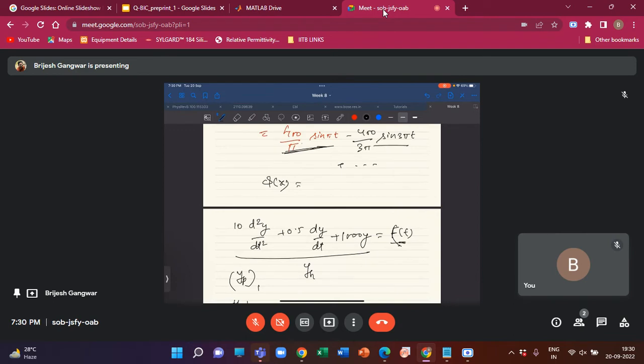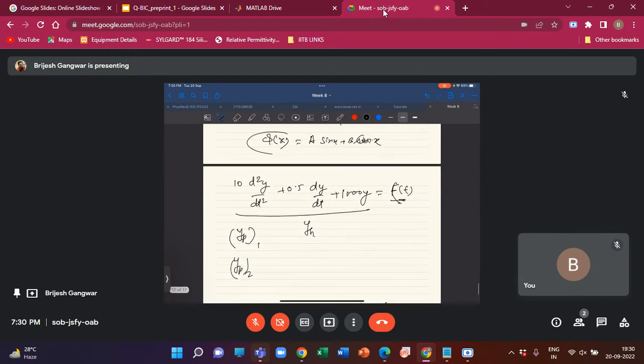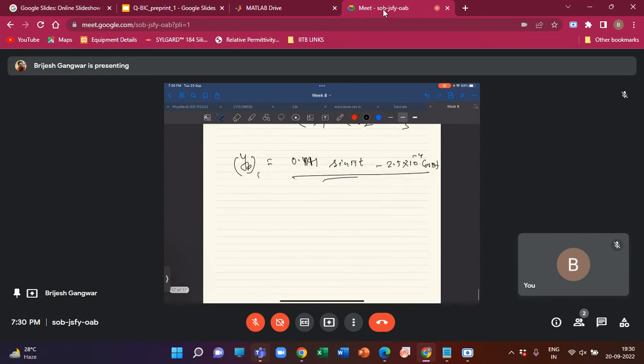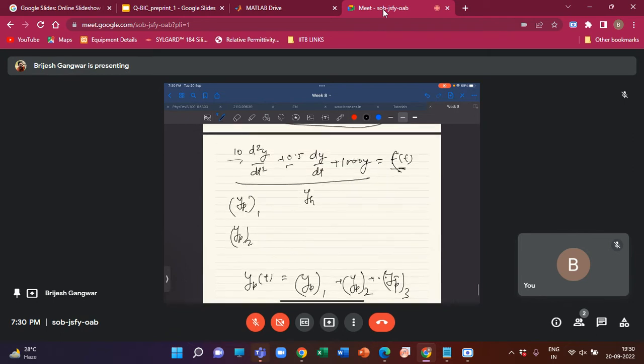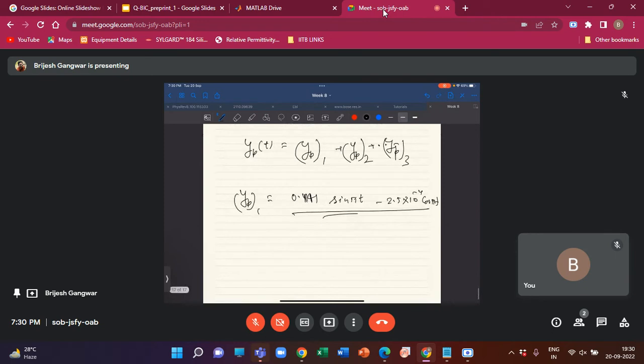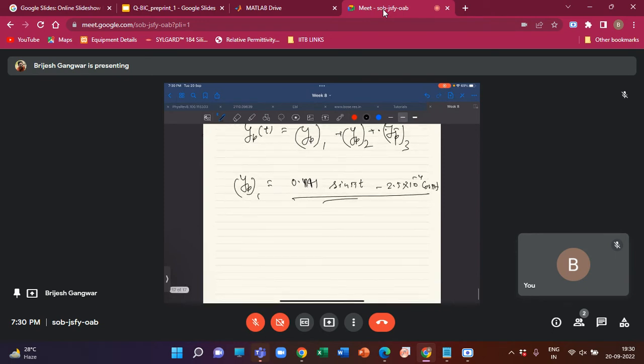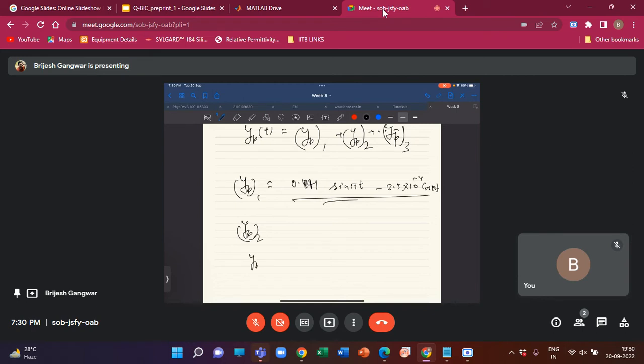Two methods are there. One is the undetermined coefficient method, which I have also explained. This is a sine term, so you can consider a sin x plus b cos x, and then solve with the coefficient method, and you will get the a and b terms. Here it is a number, so you will get some number. Similarly you will find y_p2 and y_p3.